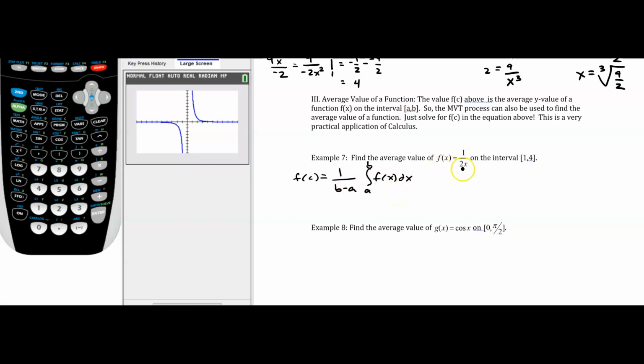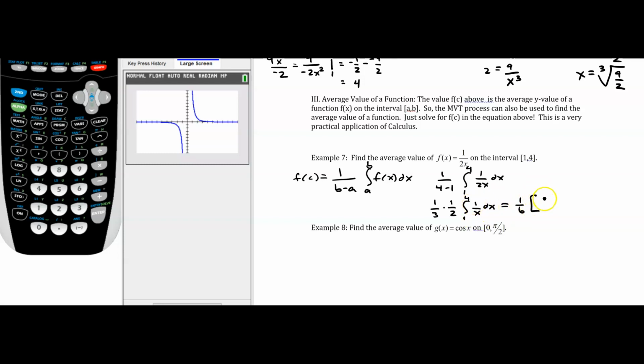So the average value of this function on this interval would be 1 over 4 minus 1, times the definite integral of 1 over 2x, going from 1 to 4. And so I'm going to take that constant out. So we have a 1/3, but then I'm also going to take that 1/2 out in front, and then I'm doing the definite integral from 1 to 4 of just 1 over x. And so this is going to lead me to 1/6 times, what is the antiderivative of 1 over x?